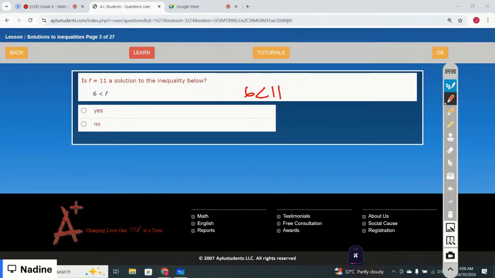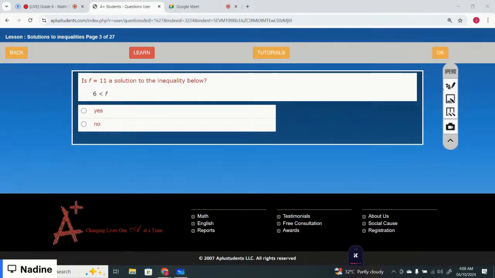Is it true or false? 6 is less than 11. Yes, it is. The correct option is yes, right? Option number 1 is the correct option.